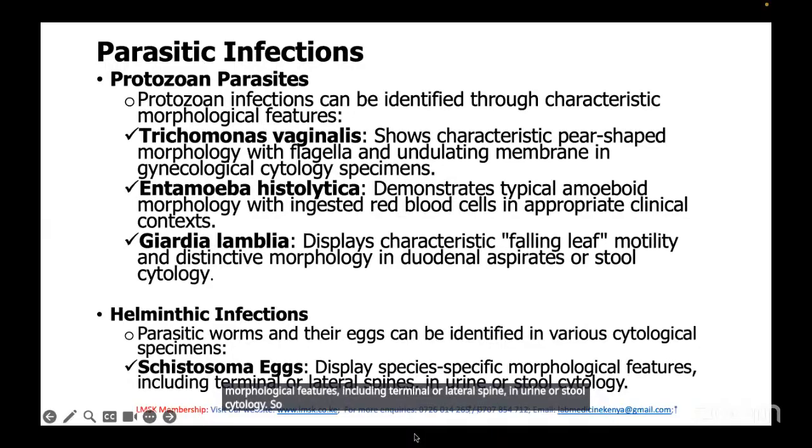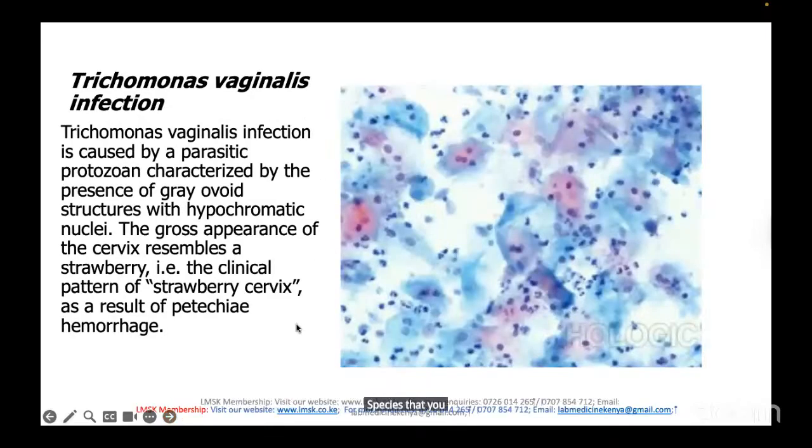So we know that the ones you identify in stool have a lateral spine, and we also have the terminal spine. That will tell you the kind of Schistosoma species that you are looking at on microscopy.